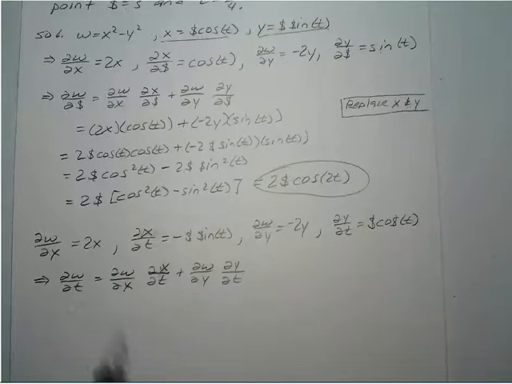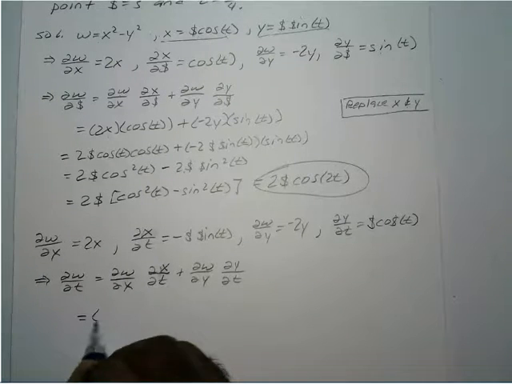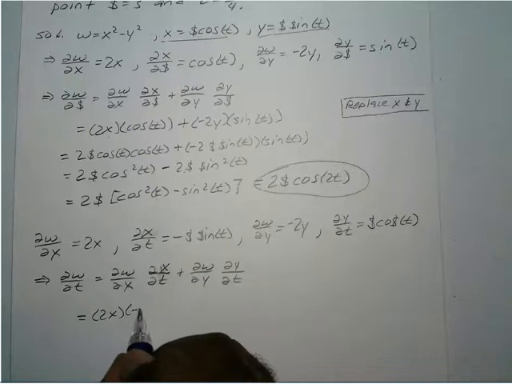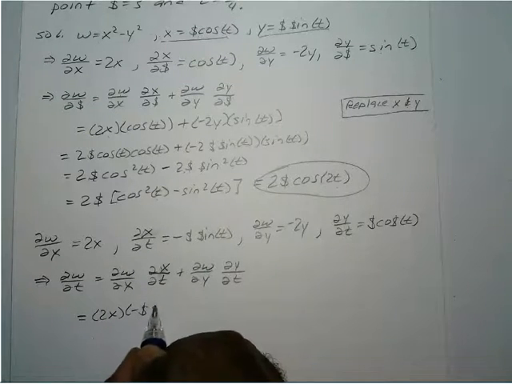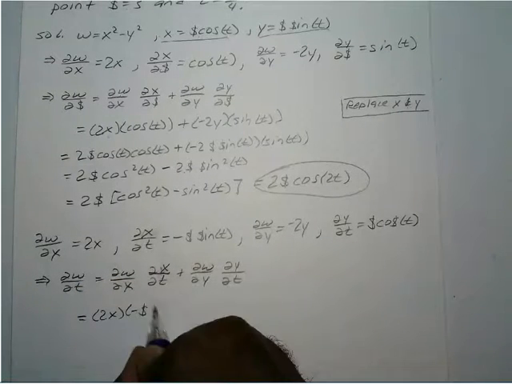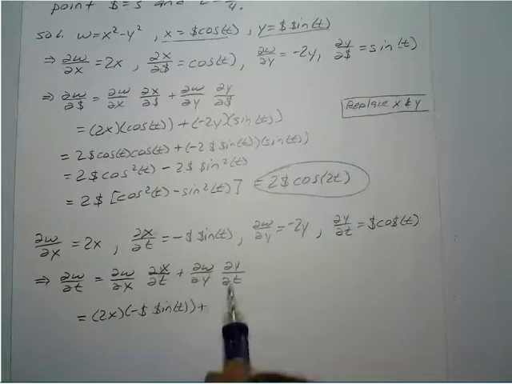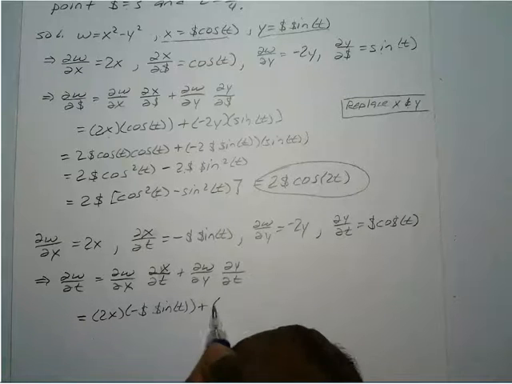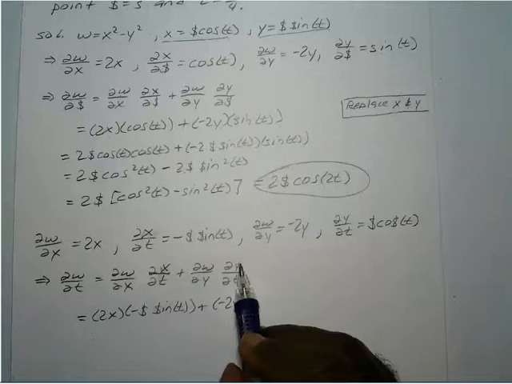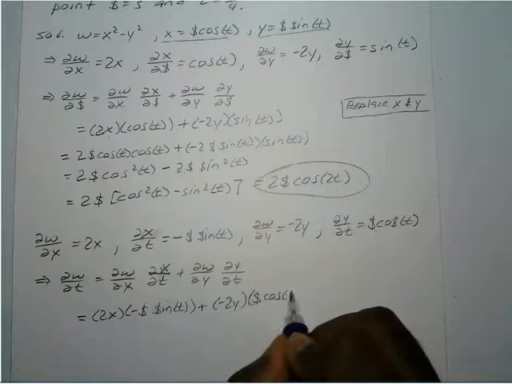Okay, so once we plug everything in, partial of w with respect to x is 2x. Partial of x with respect to t is negative s times sine of t, plus partial of w with respect to y is negative 2y times partial of y with respect to t, which is s cosine t.